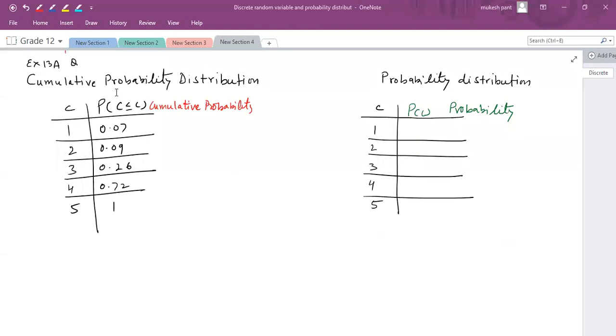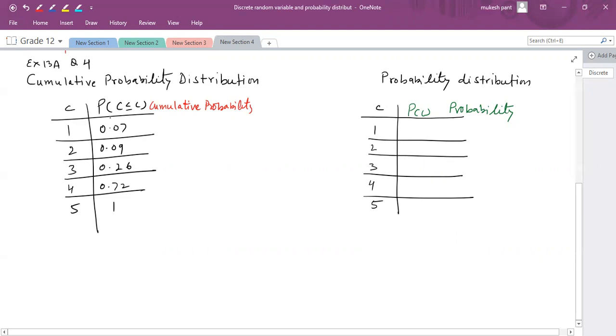There is one more point I want to discuss. We know how to make a probability distribution table. Sometimes you may have a cumulative probability distribution table, like this question number 4 from your exercise 13A. Here we need to find the probability distribution from this cumulative probability distribution.